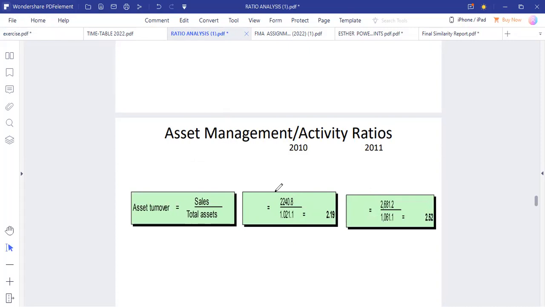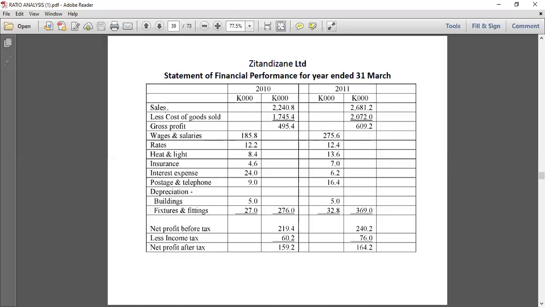Then our sales, where do we find the sales? We'll find the sales in the income statement. So here is our sales. What is our sales? 2240.